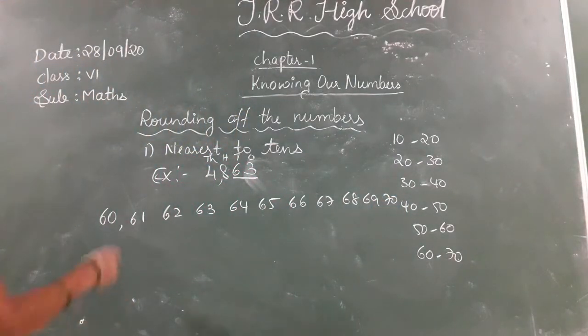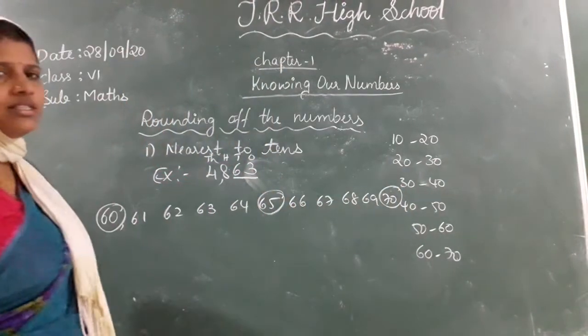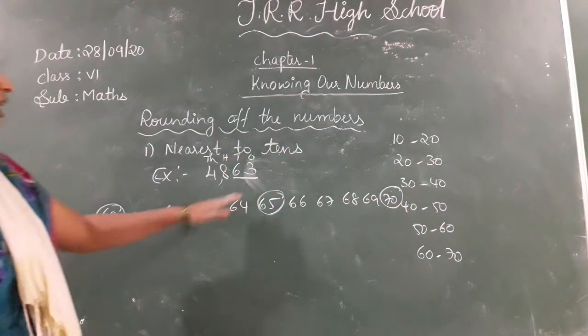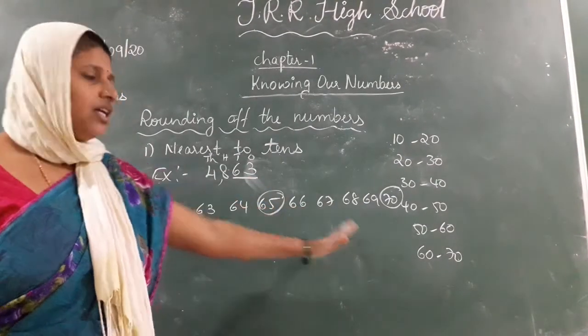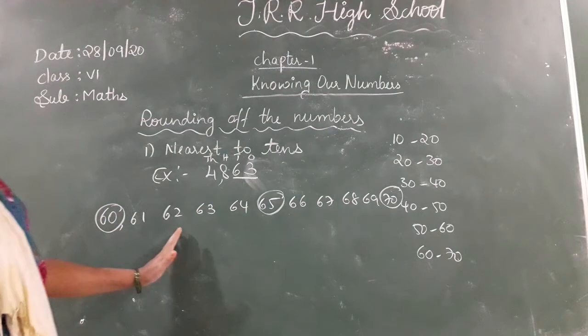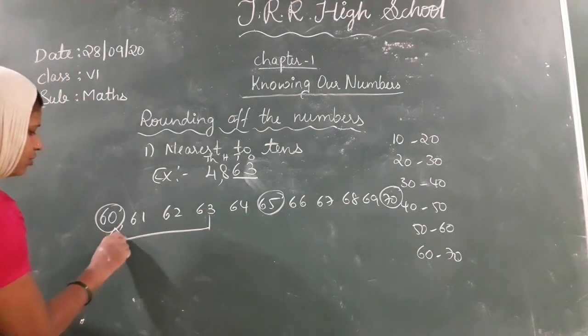Now as I said, you circle the 60, 70 and in between 65. Now you check, is this 63 before 65 or after 65? It is before 65. So our 63 is nearest to 60.